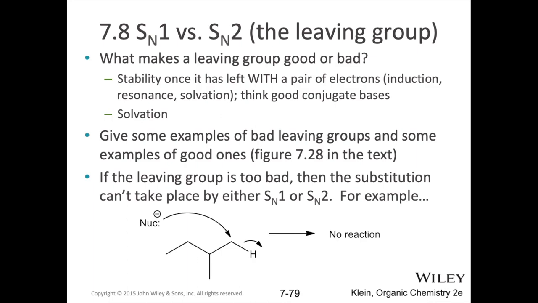A nucleophile could be a great nucleophile, but it's not going to be strong enough to make a horrible leaving group leave. You can see here with an alkane, this is one of the reasons why alkanes are pretty unreactive hydrocarbons. Your nucleophile is not going to be able to kick out a hydrogen and have it leave as a hydride ion.